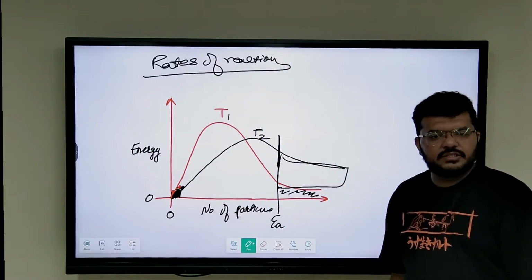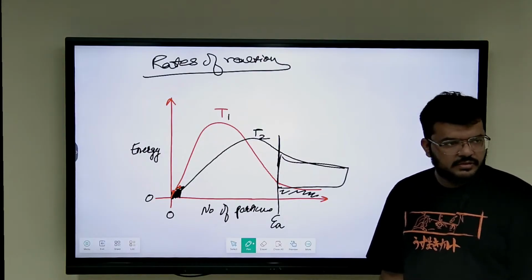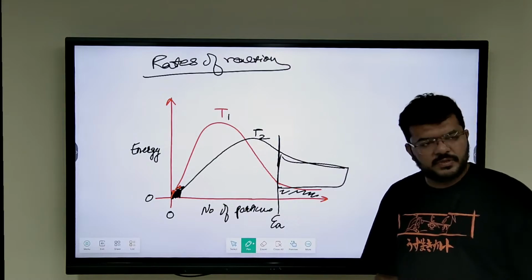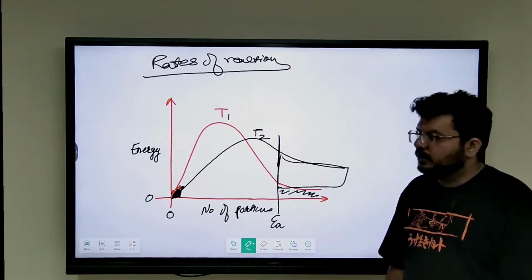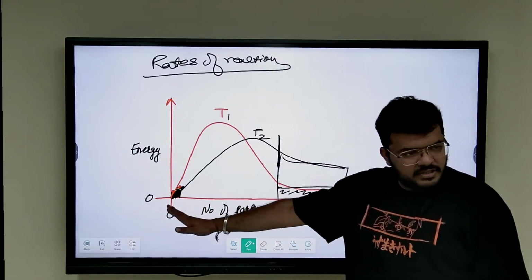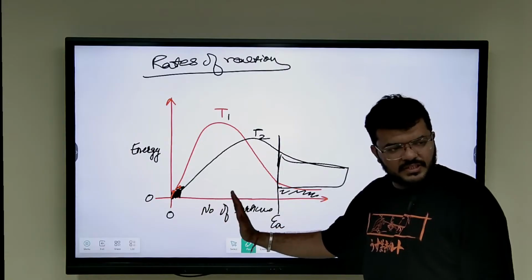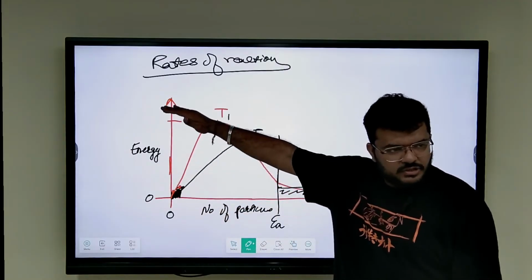What is this? This is the Boltzmann distribution of energy, the Boltzmann curve. Can you explain why the peak is lower? See, let's say this is energy, and this is 100 joules.